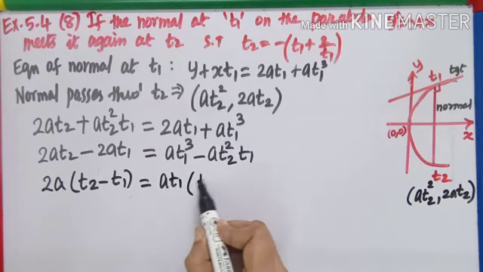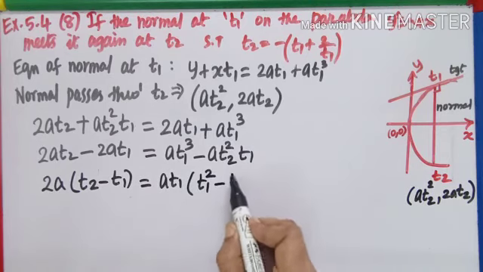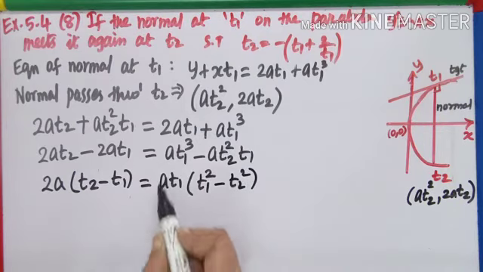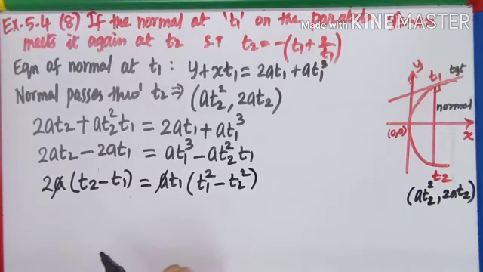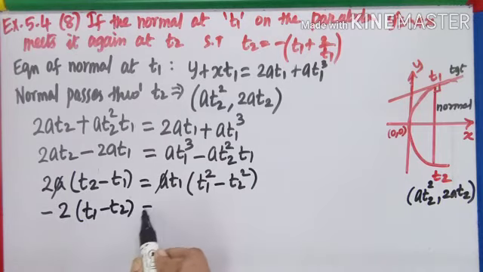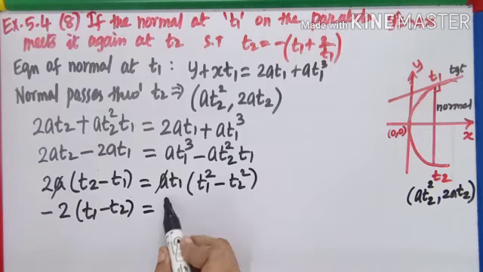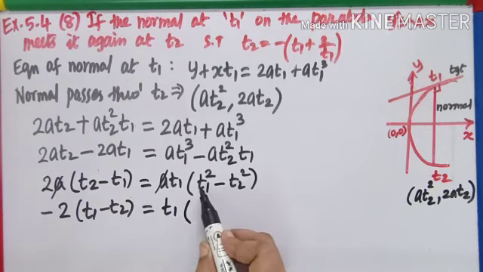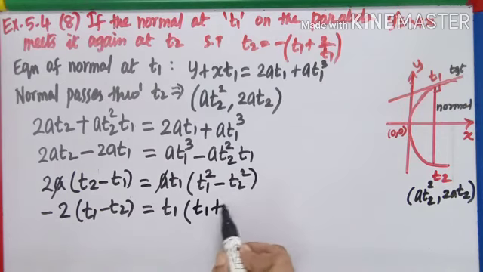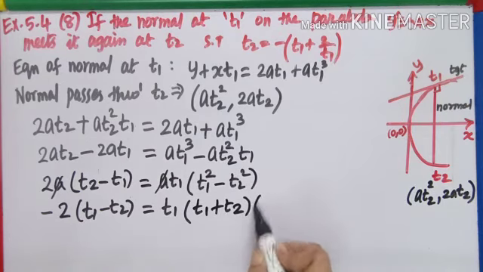If I take it out, T1 square minus T2 square. Now a and a get cancelled. I can take the minus sign out. Minus 2 into T1 minus T2 equals T1 into, this is the a square minus b square formula, so it is a plus b into a minus b.